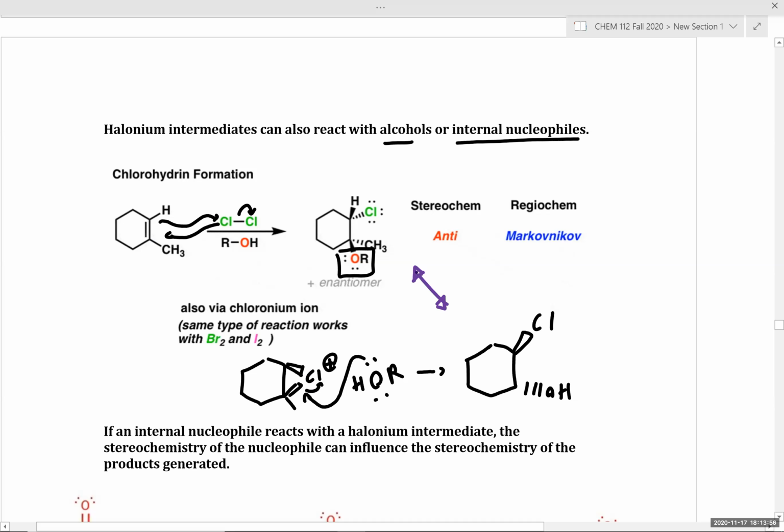The reason why I explicitly chose this particular stereochemical outcome is I'd like you to note that the two possible products are enantiomers. These are non-superimposable mirror images.